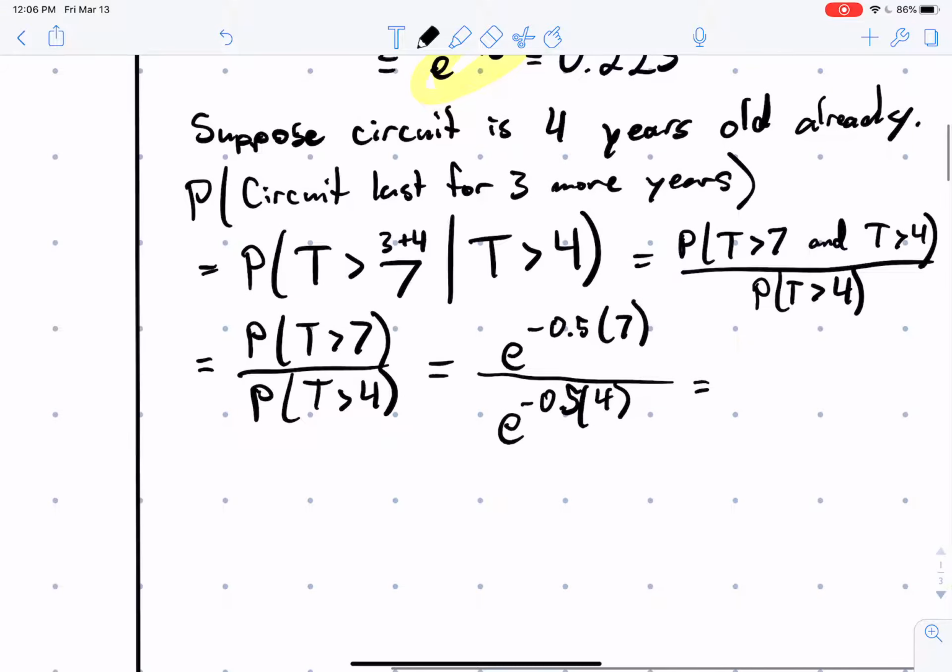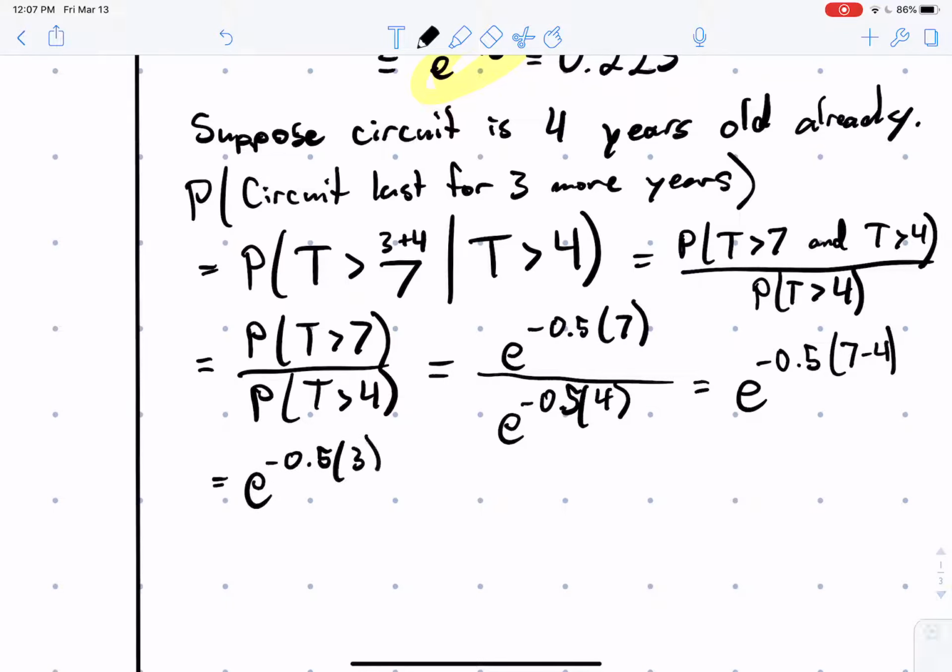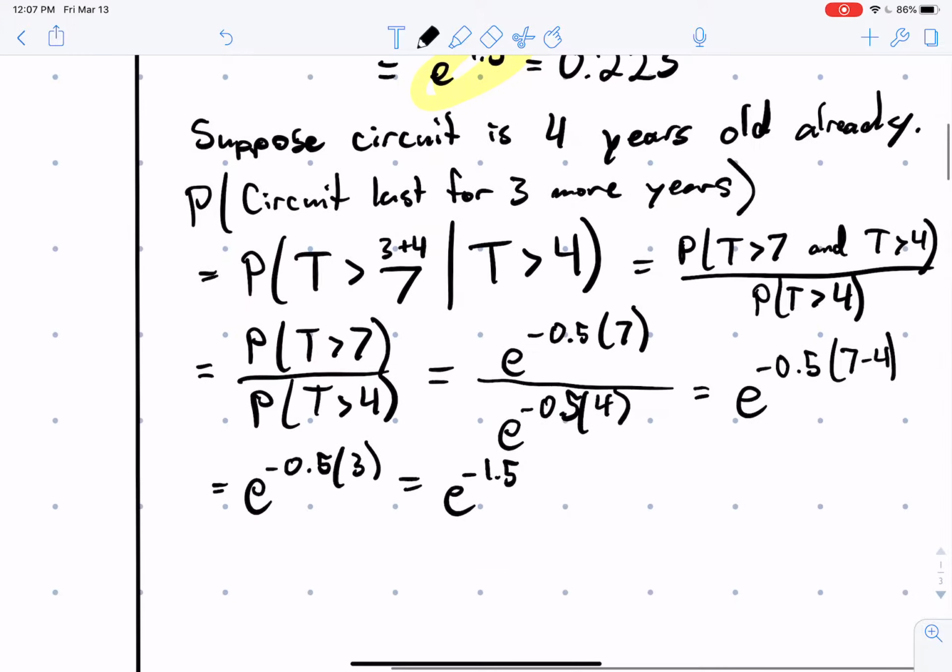This is the same as e to the negative 0.5 times 7 minus 4, which is e to the negative 0.5 times 3, e to the negative 1.5, which we saw up here is equal to 0.223. So this is the same.